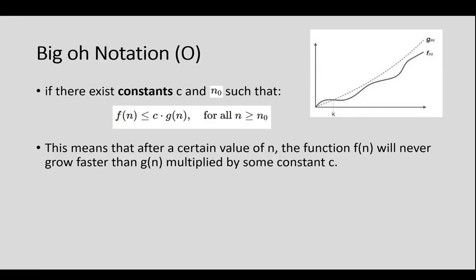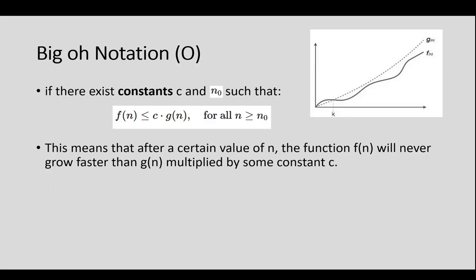Now, if there exist constants c and n naught such that, here n naught is the least number of inputs, and c is a constant, which we saw in the last class, we are adding some constant to the equation.